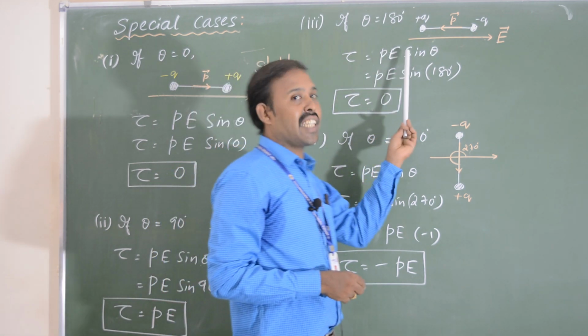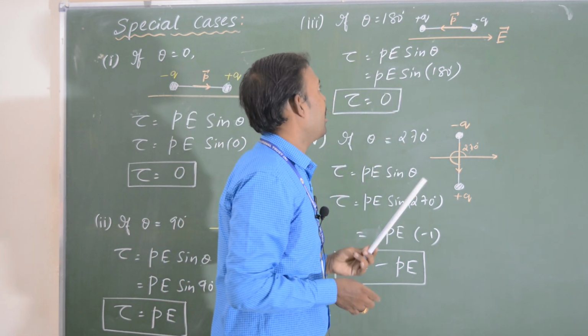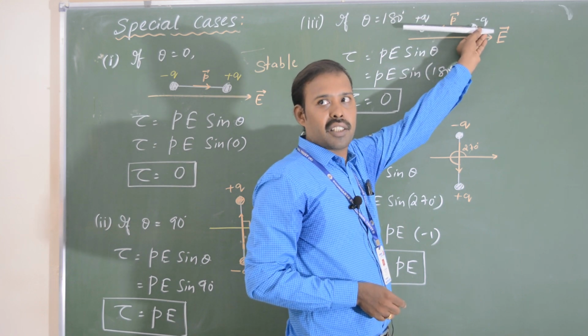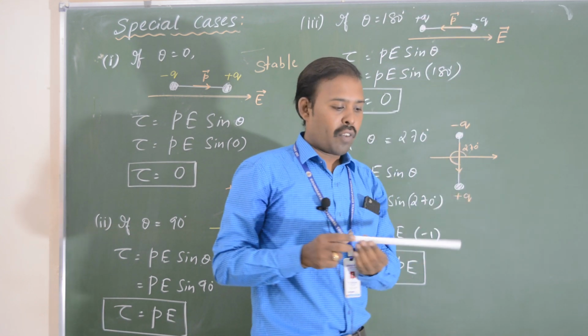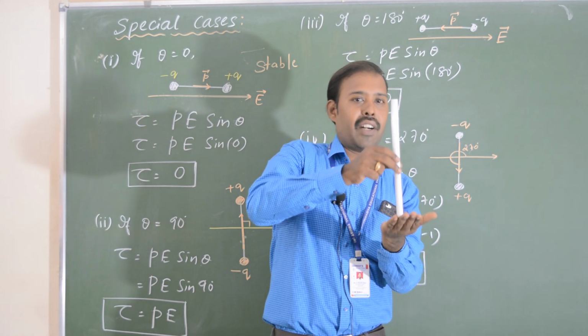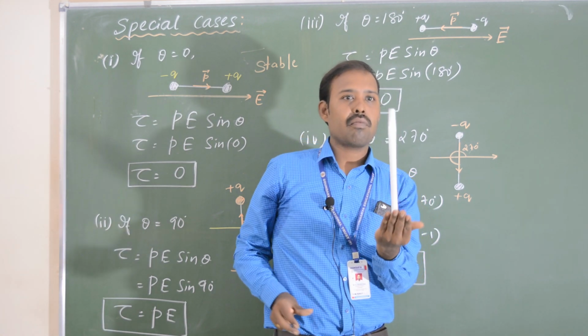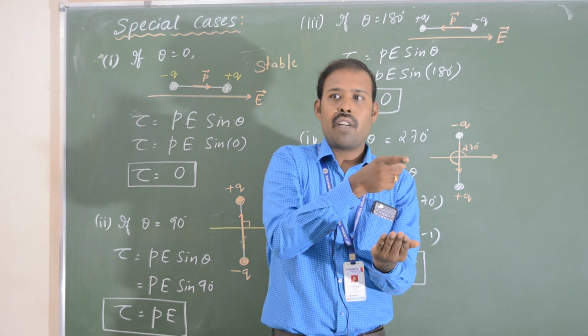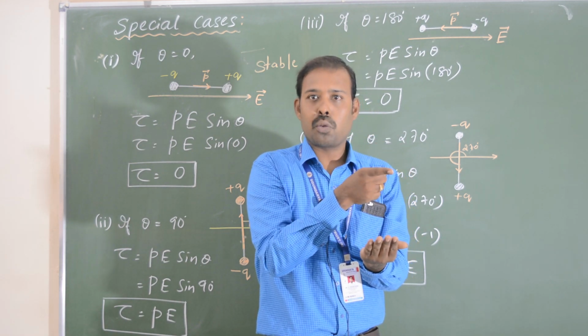What happens in this case? Now listen here. The dipole is placed opposite to the direction of electric field like this. Now if I disturb this dipole, it will not come back to its original position on its own.